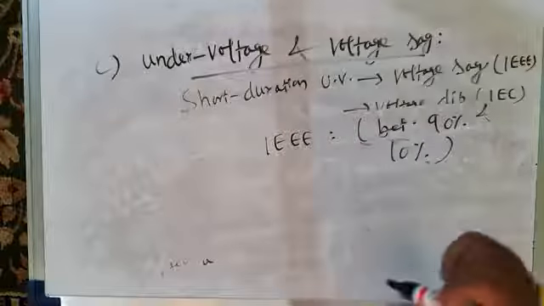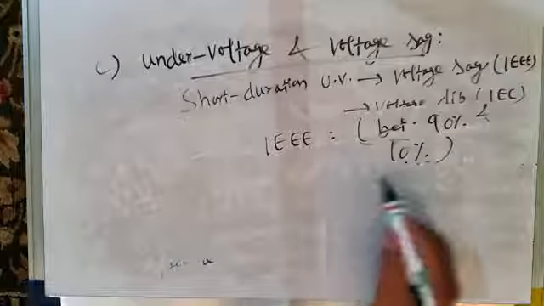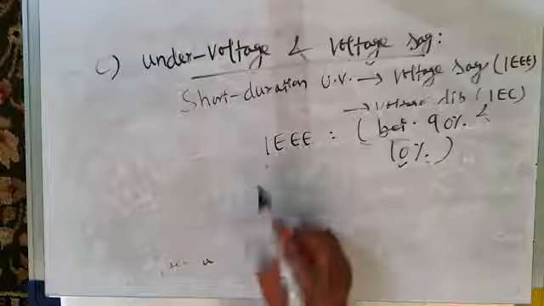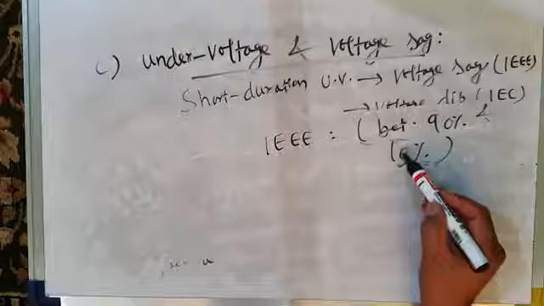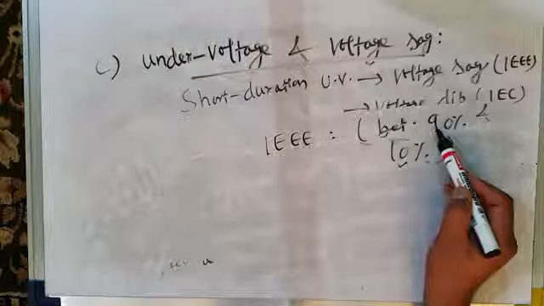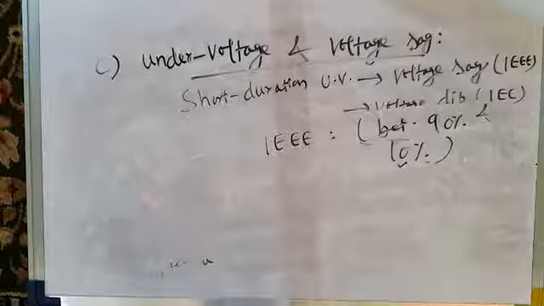Because, as you have just seen, if voltage is below 10% as per IEEE, then that comes under the category of interruption. But if the voltage is 10% or above, I mean, if voltage falls to 90% or below 90% up to 10%, then it is voltage sag. It is not voltage interruption.